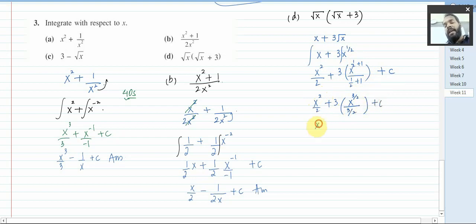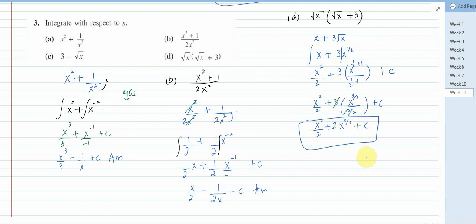X square upon 2 plus, this 2 multiplies with 3 here, so it's 6, or we can say that 3 and 3 cancel, so 2 will be in the numerator, 2x to the power 3 upon 2, plus c.